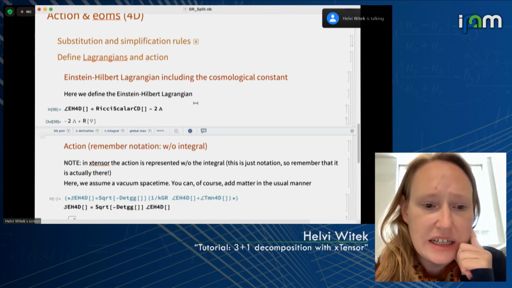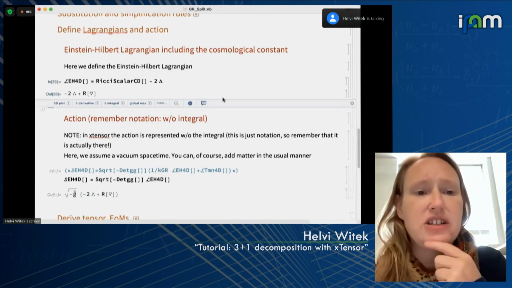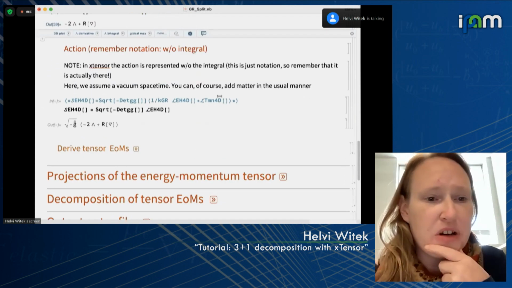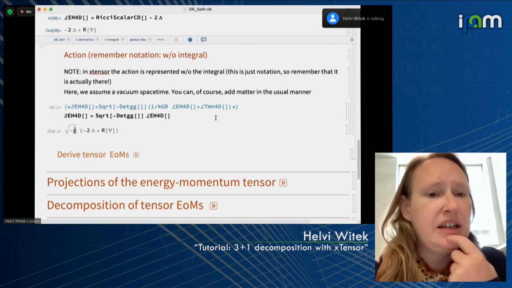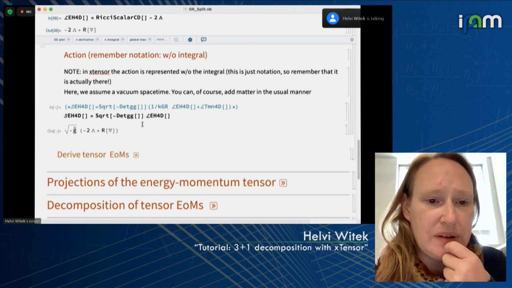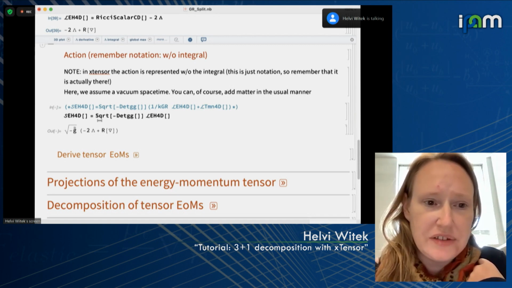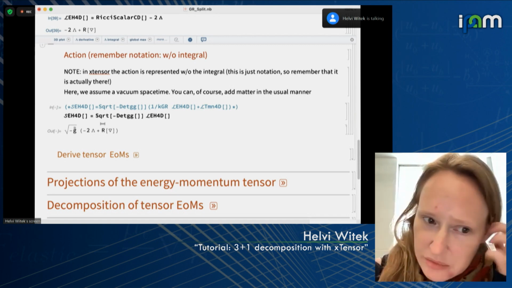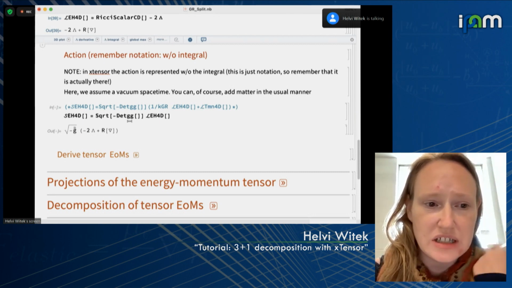Now I can define the action, and the xTensor notation for the action is a little bit funny because it doesn't carry the integral, so you have to remember that the integral is implicit. Going from right to left, we have our Lagrangian, and the square root of minus the determinant of our metric, where GG is just the determinant of our metric.